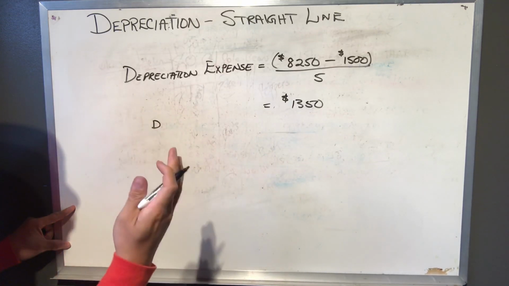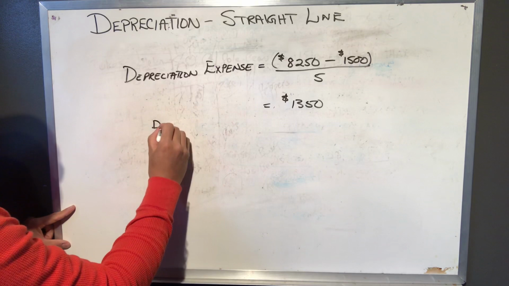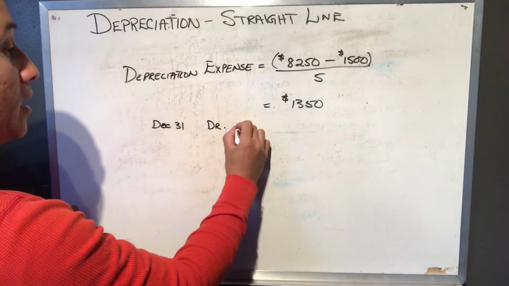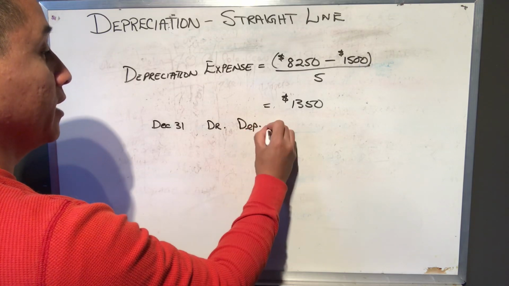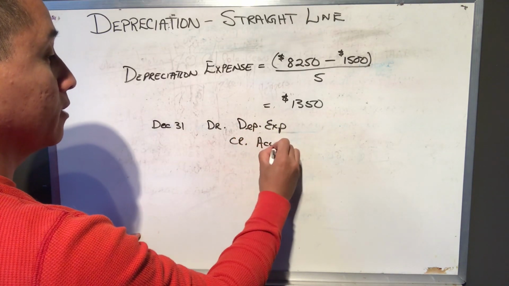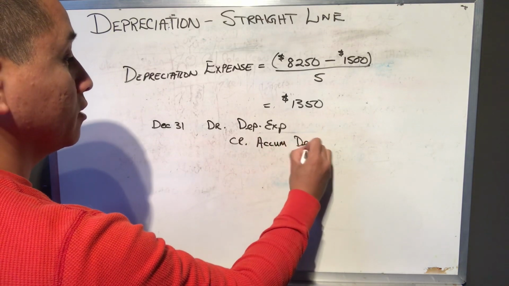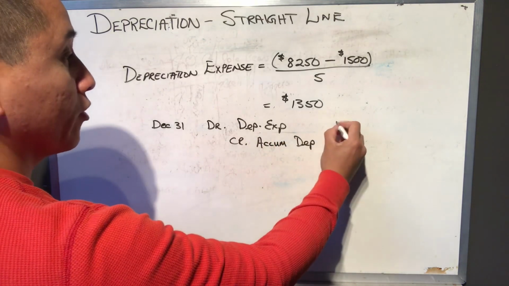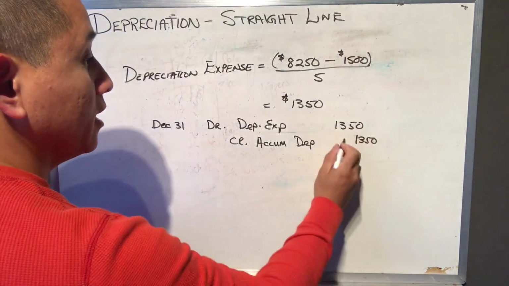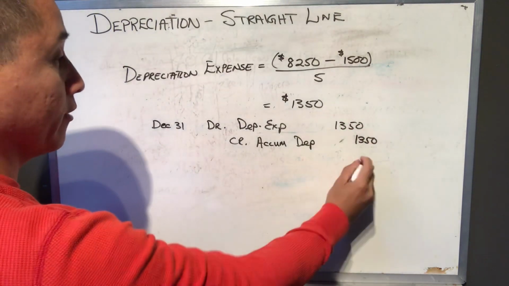So if we were to make a journal entry, assuming for the entire year, and assuming that we have a calendar year end, December 31st, we would debit depreciation expense and credit accumulated depreciation for $1,350, and we would have the explanation under here.